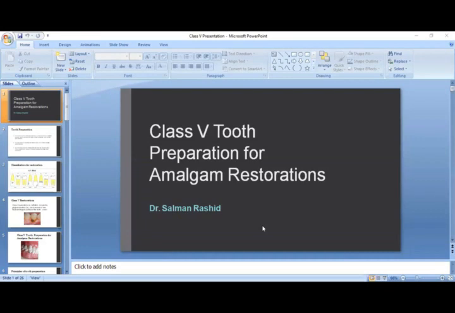There are different classes. There is a classification system which basically depends on the extent of the caries region and mostly the location of the caries region. Like say for example, if the caries region is present on the tip of the tooth, that class is something else. If the caries region is present on the top of the tooth surface, that class is something else.